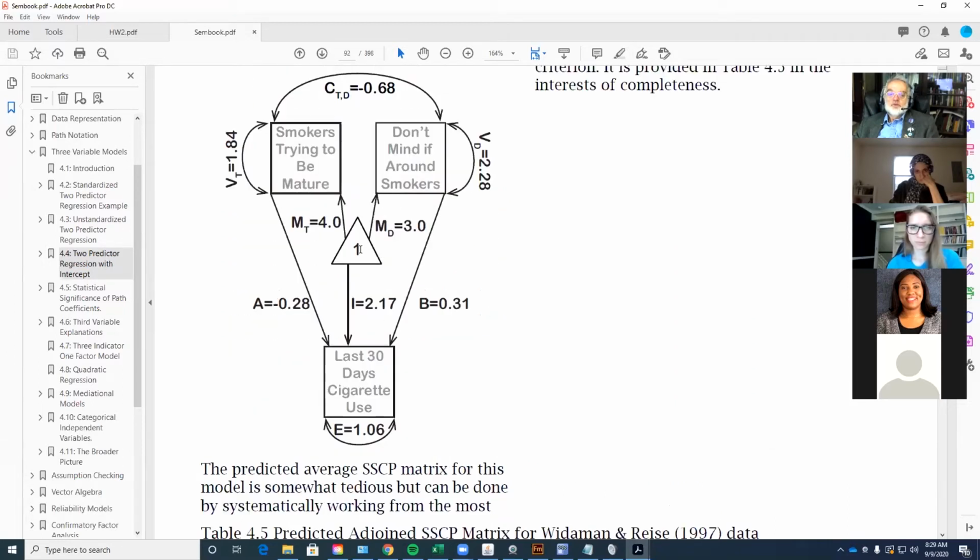In this case, it's going to be 1 times 3 is the mean of this variable, 1 times 4 is the mean of that variable. The mean of the criterion is 1 times 3 times 0.31 plus 1 times 4 times minus 2.8 plus 1 times 2.17.